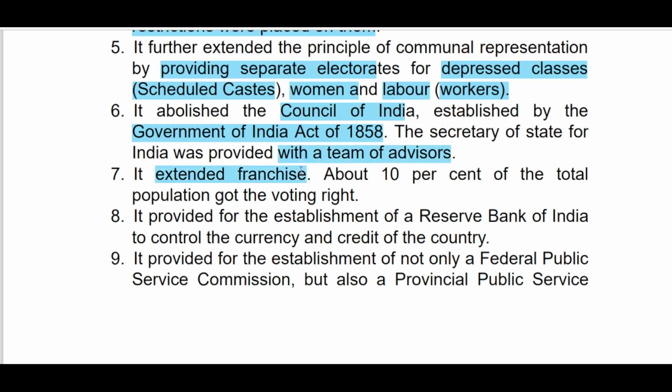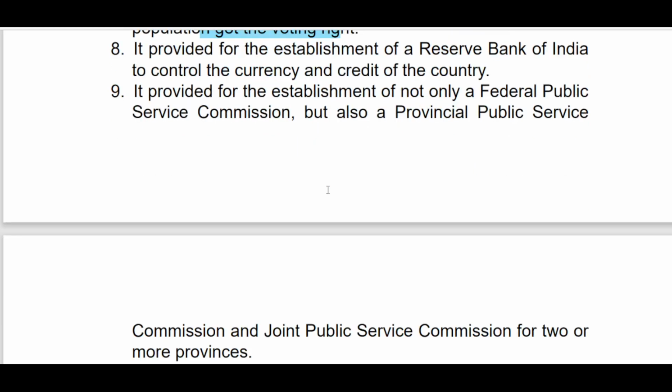Secretary of State for India was provided with a team of advisors. It extended franchise, that is about 10% of the total population got the voting right. It also provided for the establishment of RBI. RBI is the Reserve Bank of India. So it is a very old bank to control the currency and credit of the country.